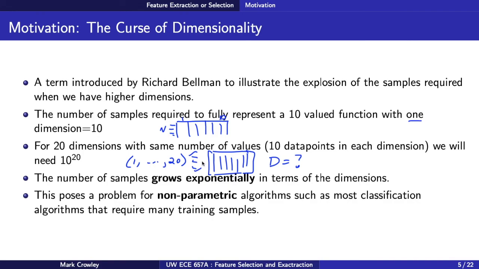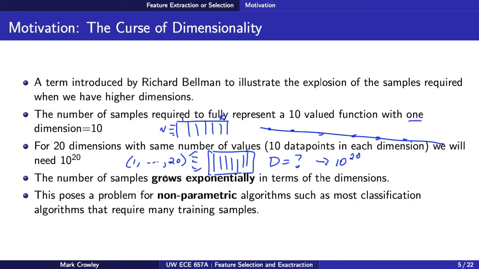So you don't have more data in a sense. There's only 10 points, 10 distinct values this function takes on. But now they're in a 20-dimensional space, whereas before they were essentially points on a line. Here's the line, and the function has defined points here, and everywhere else it maybe has some particular value. And so here you'd need 10 to the 20, because you'd still need to represent for every one of these possibilities what the value is.